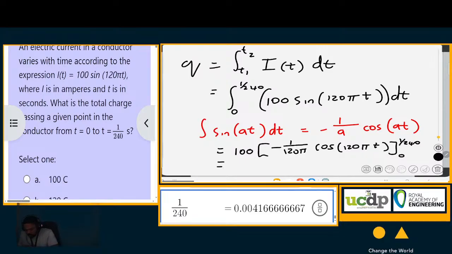Oh, I wonder if I should do it, the upper limit. This integral, let me just rather do the full complete integral so you don't get lost. You can take the constants out. Okay, we're left with 100, negative 100 over 120 pi. I'm just taking the constants out.